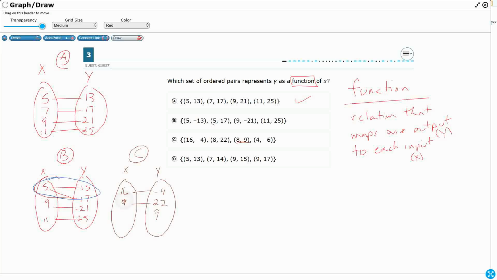I'm not gonna draw my 8 again. I've already got an 8. So I'm going to draw that right there, and that's your problem. 4 goes to negative 6. So you see that pattern there is when you see an x that is repeated and leads to two different y's, that's when you have not a function.